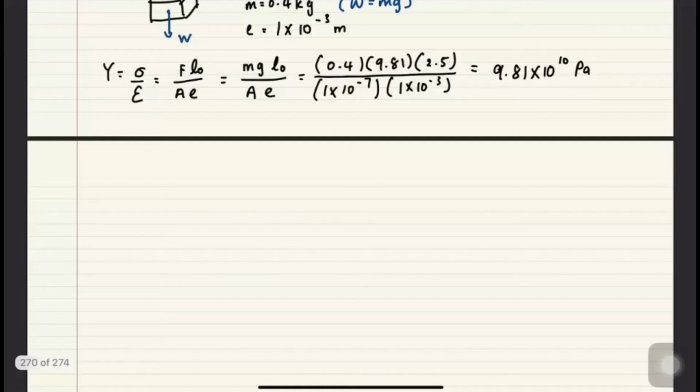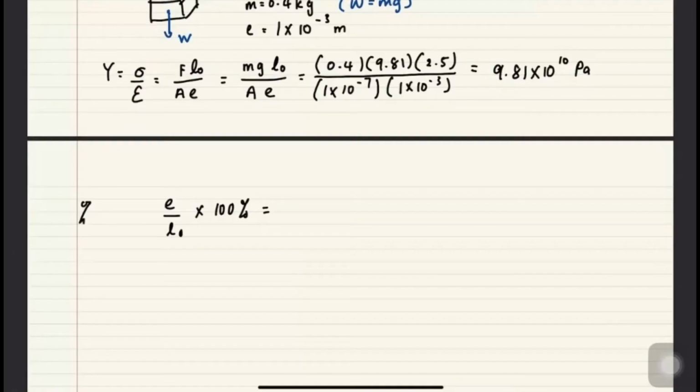So I assume they want you to calculate E over L naught multiplied by 100%. Let's calculate the percentage strain. It has never asked this before, this one is strange. But percentage strain is not percentage extension. So our strain is this one. How do you calculate percentage strain? How do you think it should be calculated? Strange.